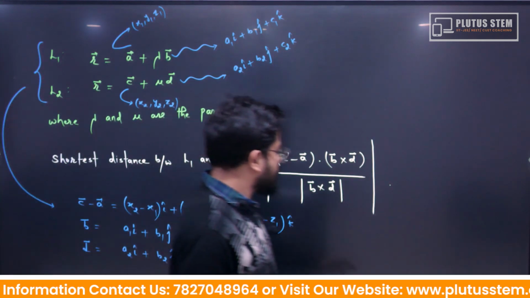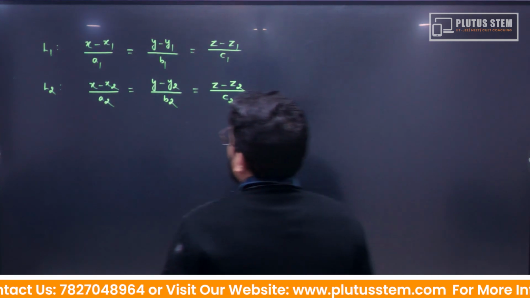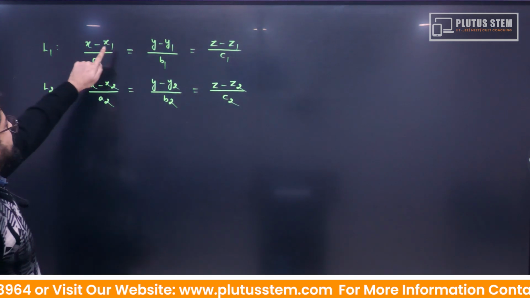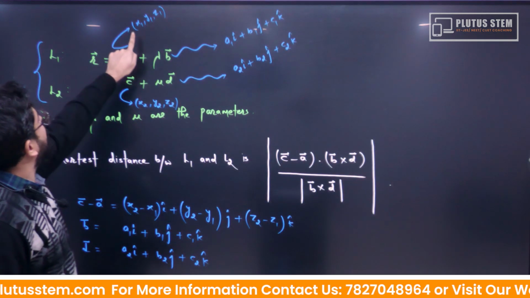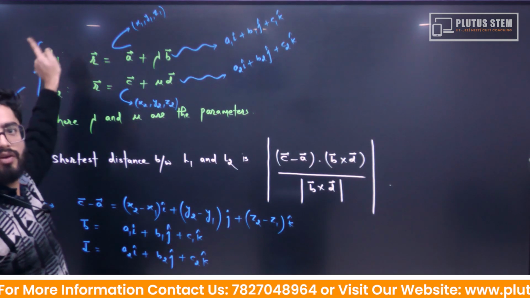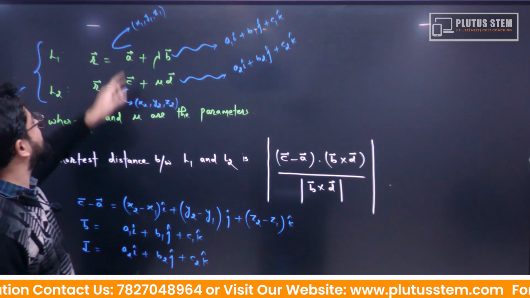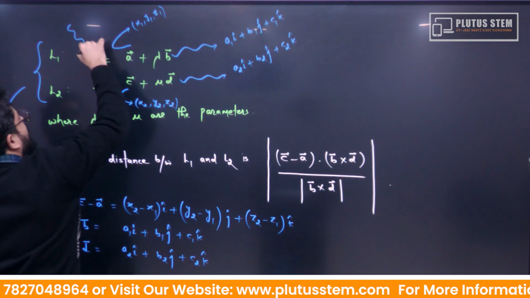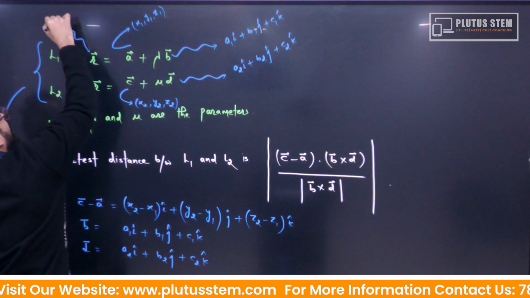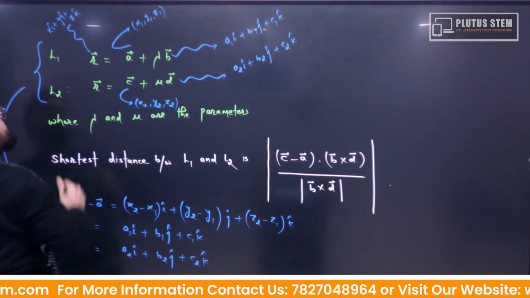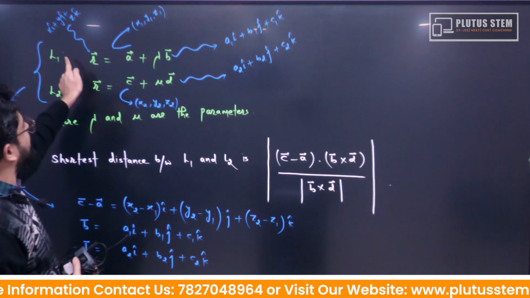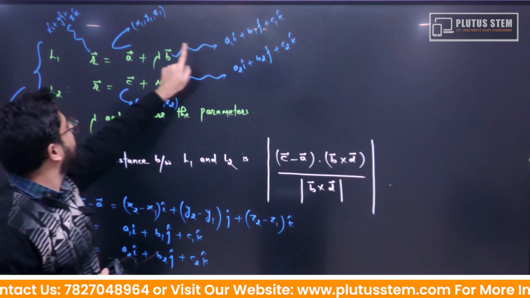Okay. So now, you are given the lines (x minus x1) by A1. How can you get it? When you simplify, R vector minus A vector, where R is the general point xi plus yj plus zk cap. So the i component will be x minus x1; here the i component is A1.